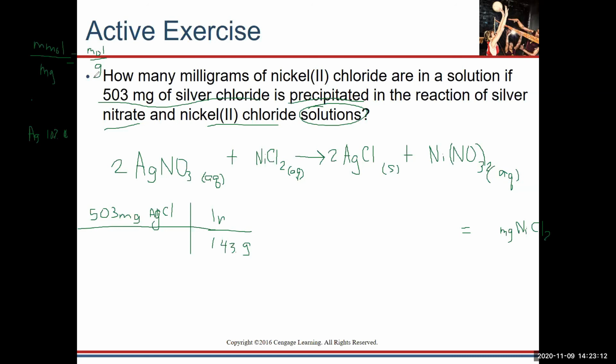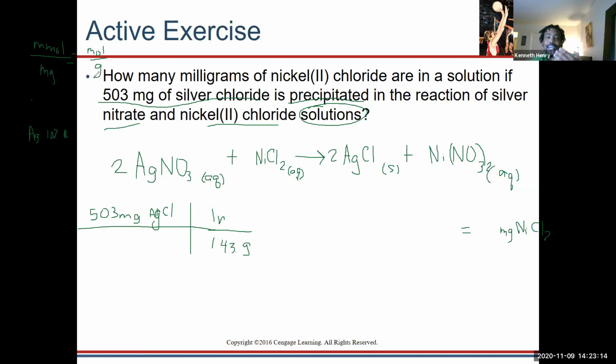Yes. So long as I have that milli on top and bottom, it cancels out. It's going to mean the same thing as mole over gram, or I could even go kilomole over kilogram.